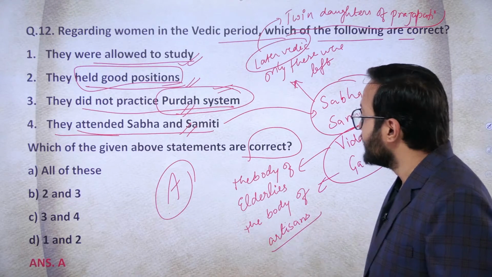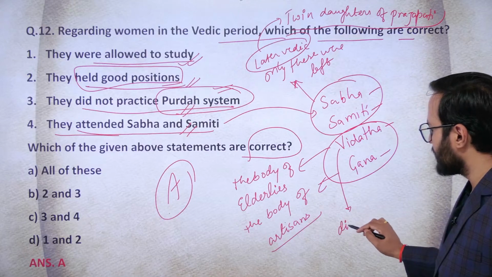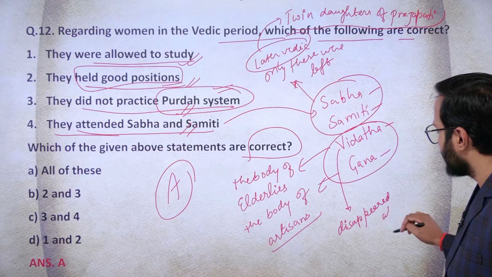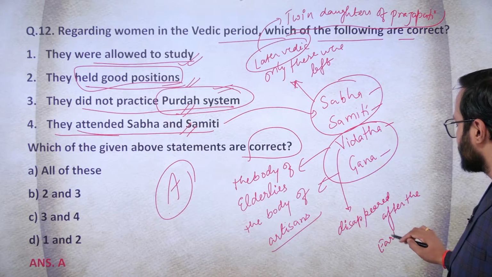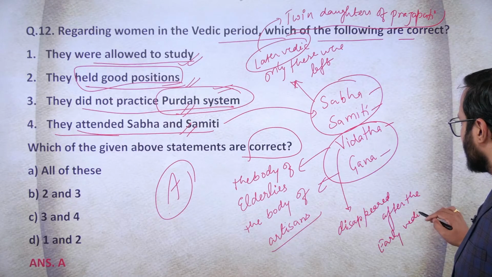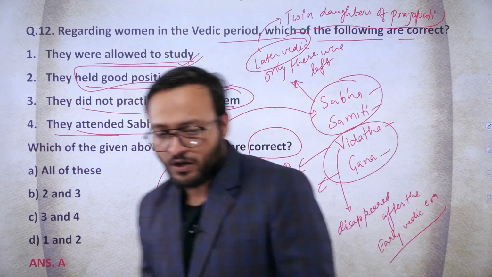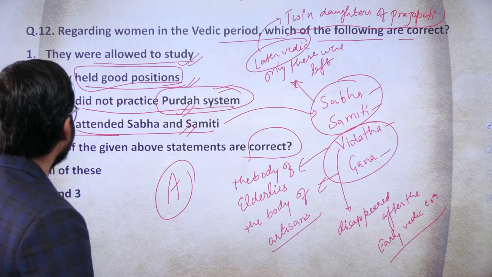Okay, everyone. So, these two bodies disappeared after the early Vedic period. Okay. So, I hope that it is absolutely clear to all of you. Okay. Now, moving to the next question.